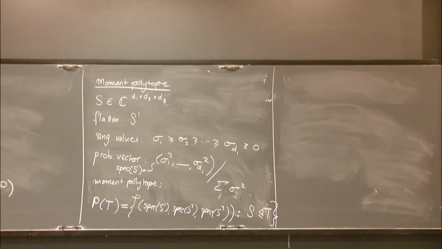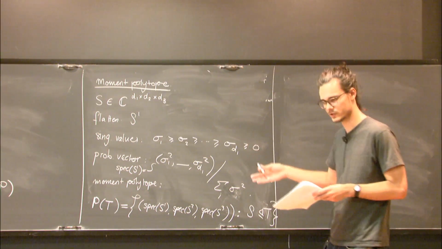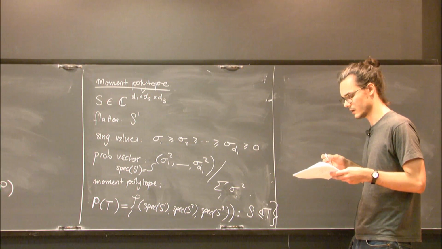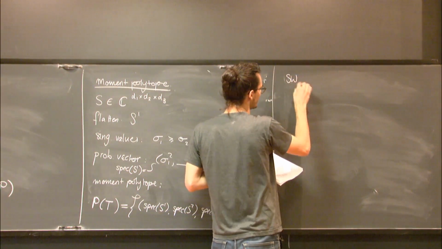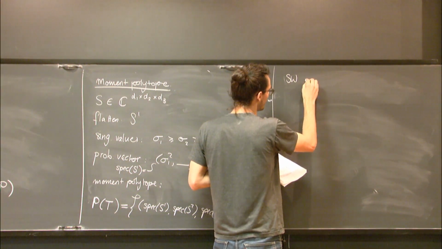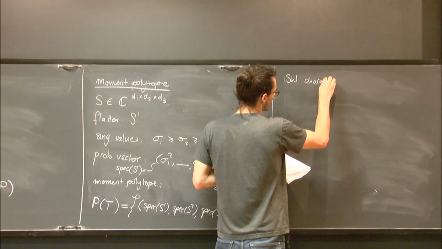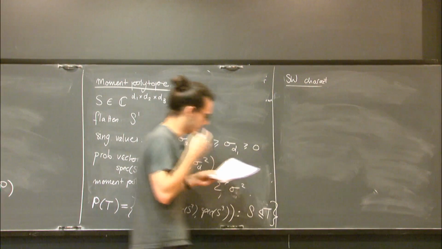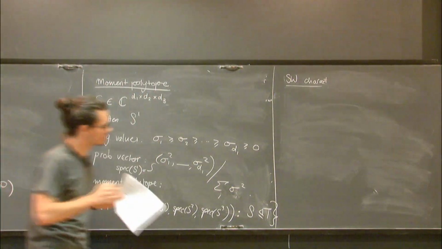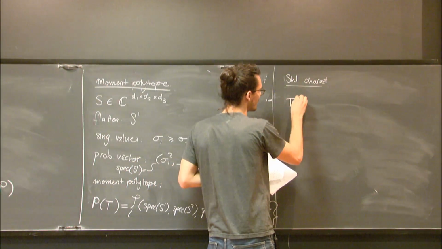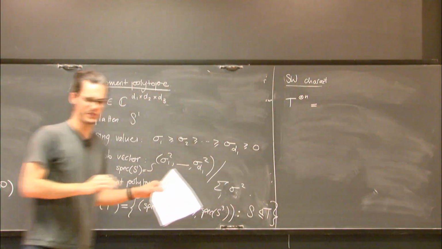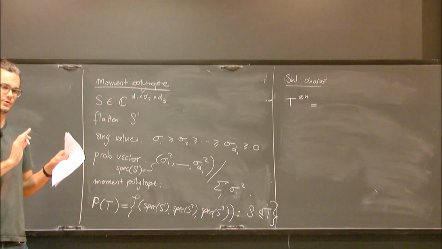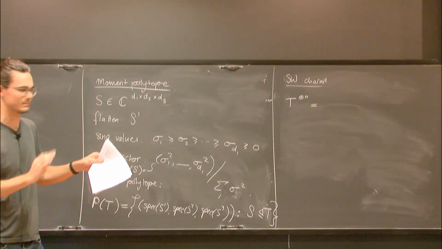What is true is that there's this alternative description in terms of Schur-Weyl duality. Maybe I'll mention it quickly. There's this Schur-Weyl characterization where you look at your tensor T, you take it to the power n, and then you decompose this tensor according to the Schur-Weyl duality decomposition.